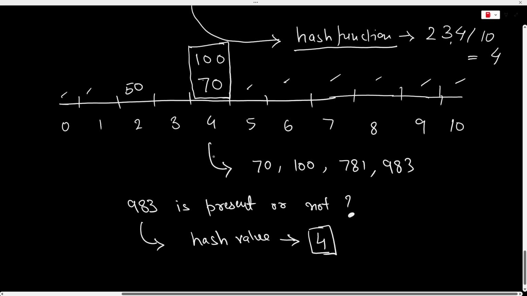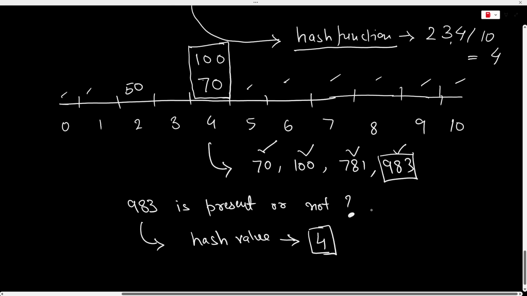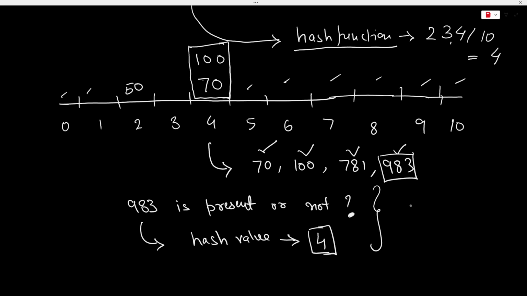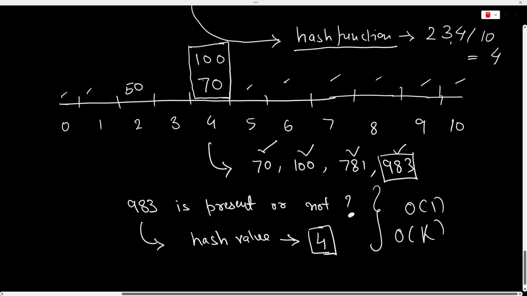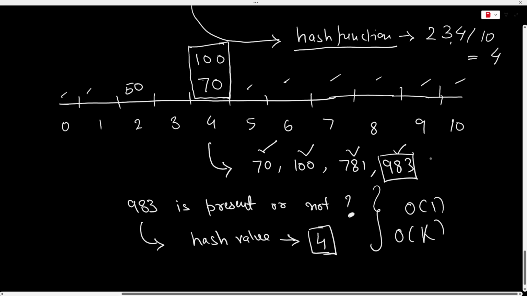Then you will look in this bucket. You'll check for 983 one by one. At first you'll get 70, then 100, then 781, and then finally you will see that yes, 983 is present. So here it's clear that this was not an O(1) operation. The time complexity in this case depends on the size of the bucket, on the number of elements stored in the bucket index which is mapped to that particular key.